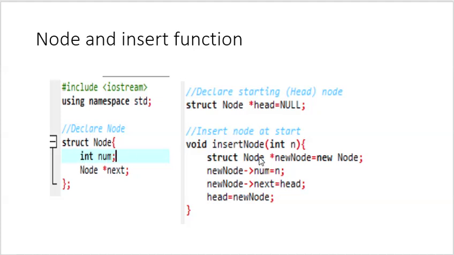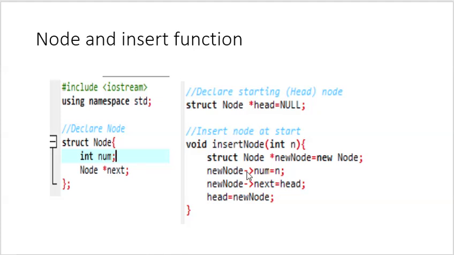First we will create a new node with this struct node: struct node *newnode = new. The new will be highlighted as this is used for creating a new node. Then we will assign n to the data.